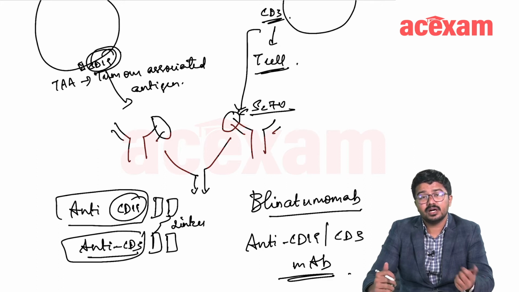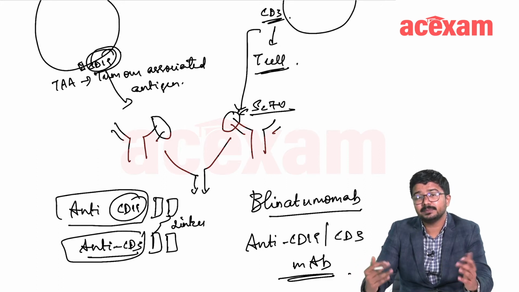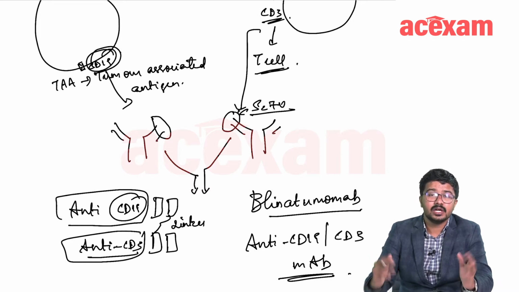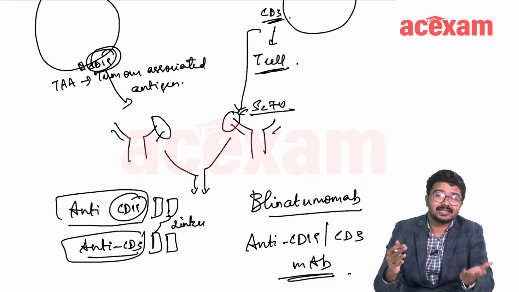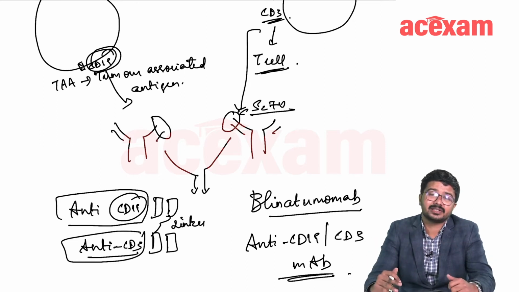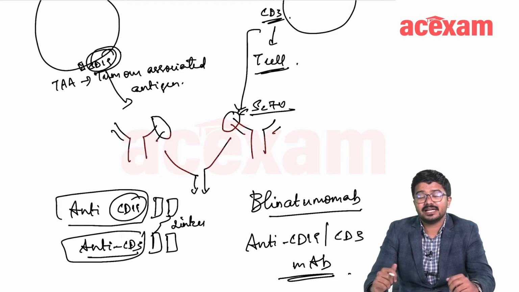So this is how a bispecific T cell engager acts. So bispecific T cell engager is two, bi. So you have a cancerous cell and a T cell engaging together, by which its mechanism of action occurs. So with this I think you are clear with the answer. The answer is bispecific T cell engager.